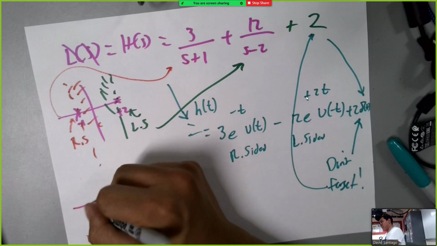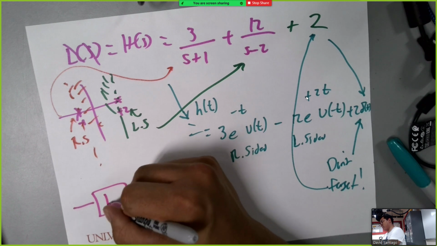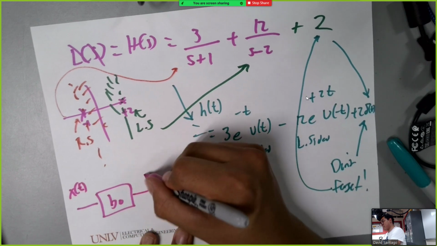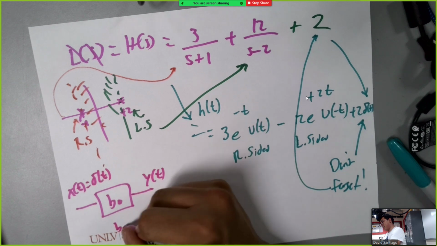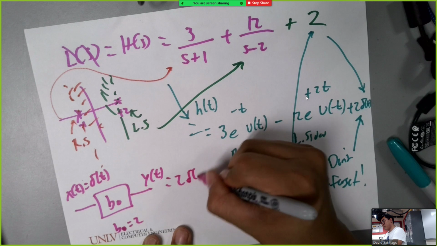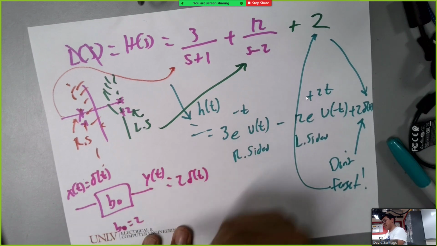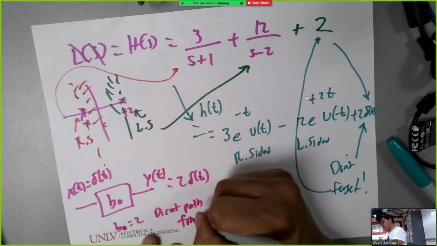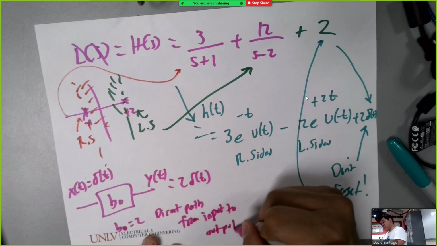If I were to give you some gain block, like maybe some b0, with input x of t and output y of t, and I make the input equal to the delta function, and b0 is equal to 2, what's y of t? That means you have a direct path from input to output.